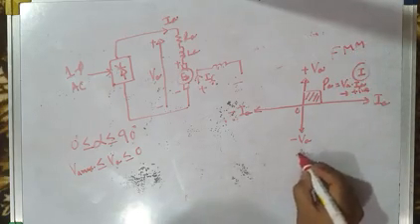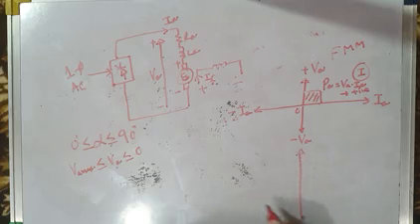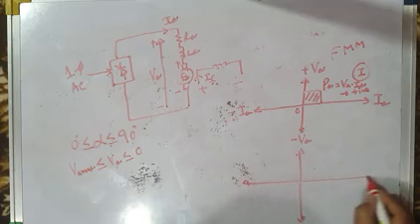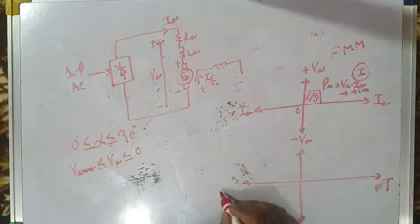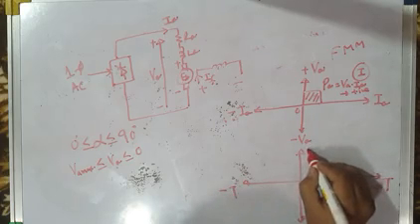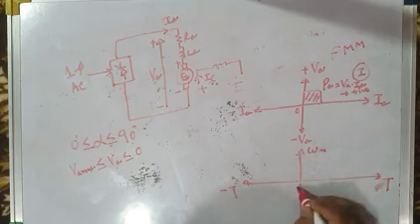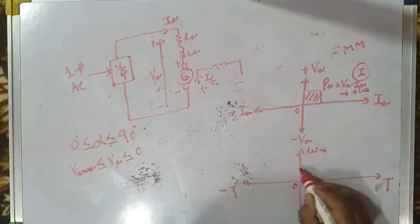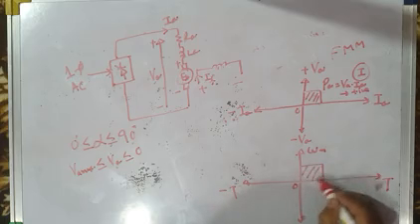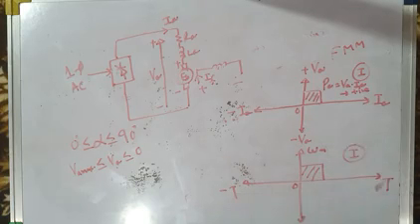In terms of torque speed characteristics, we have already studied them. This is positive torque developed by the motor, negative torque, positive speed of the motor, and this is the negative speed of the motor, and it is operating in the first quadrant.